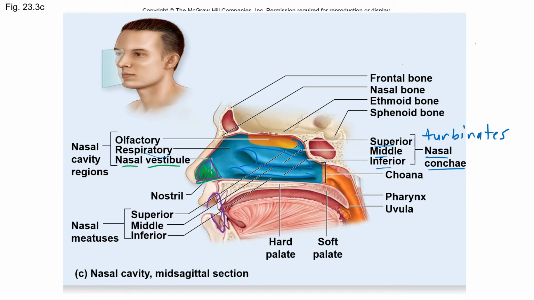Okay, and the nasal vestibule is known for having what we call guard hairs. Those nose hairs that you may find fairly annoying when you reach up to rub your nose and there's hair there. Well, those are there to stop a gnat from flying into your nose, or to filter out large particles in the same way that the nasal conchae filter out smaller microscopic particles.